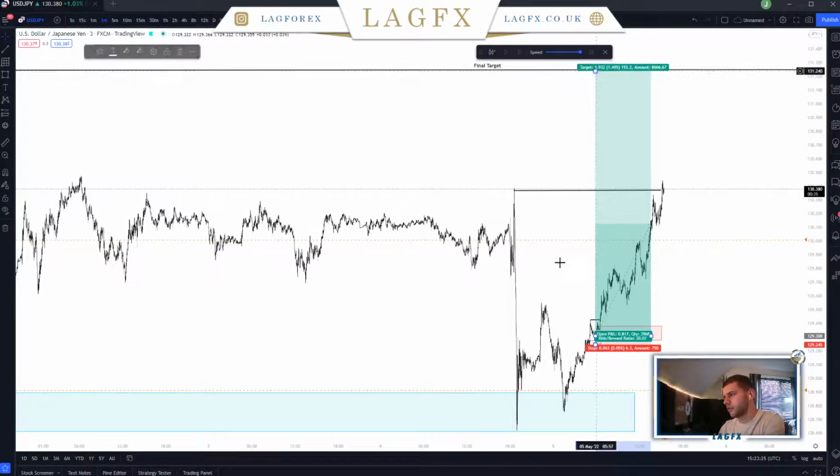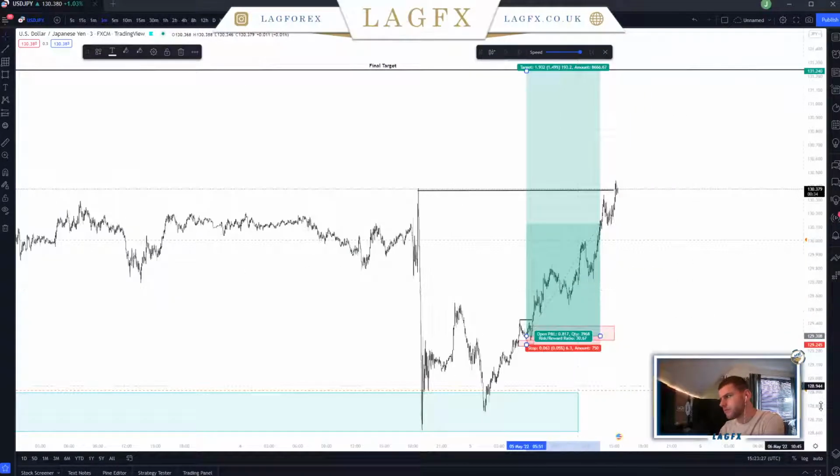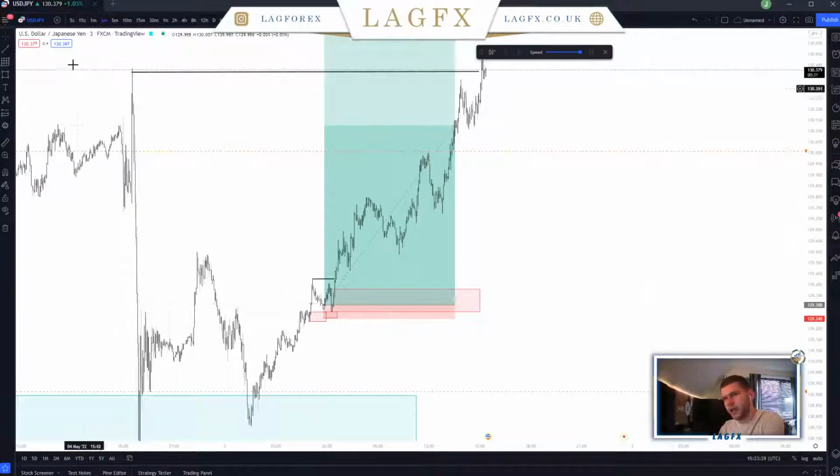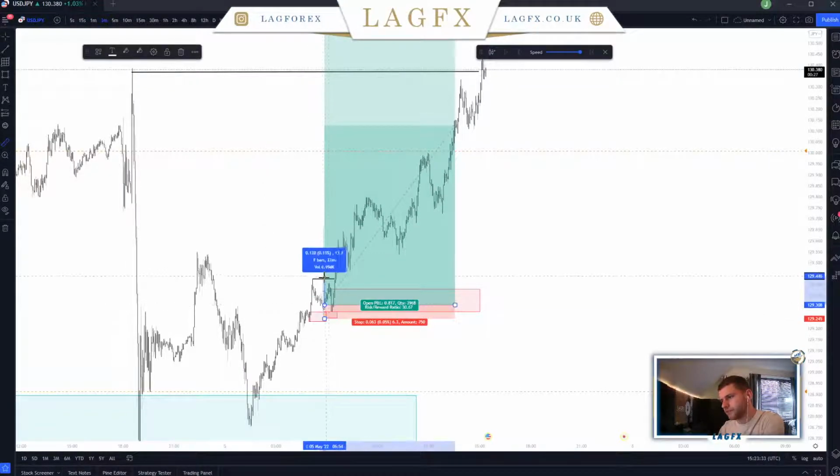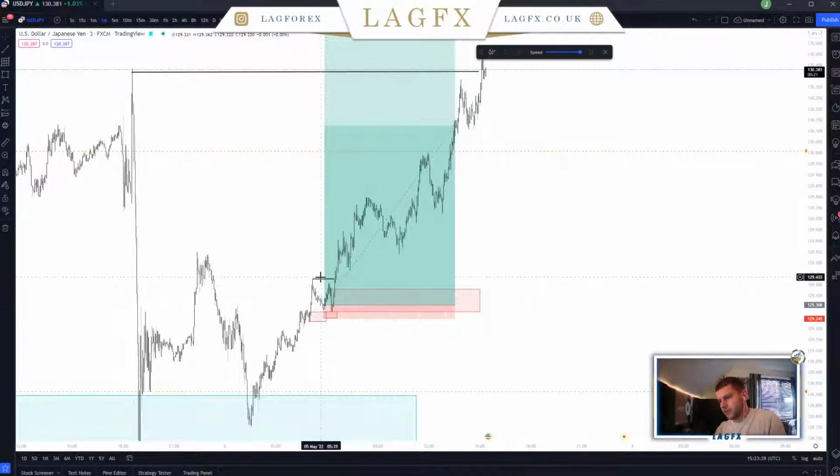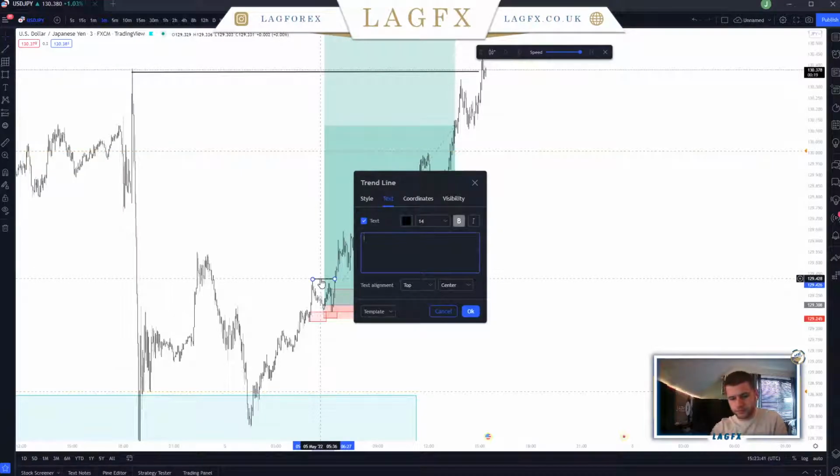So if we just add this up, let's figure out how much profit we potentially would have been in so far. From entry to there, we're looking at 12 pips with a stop loss of 6. That's 2 RR, so we would have taken off 1 RR here.